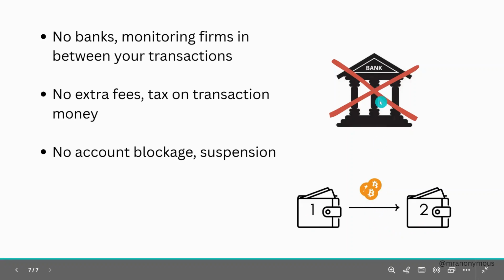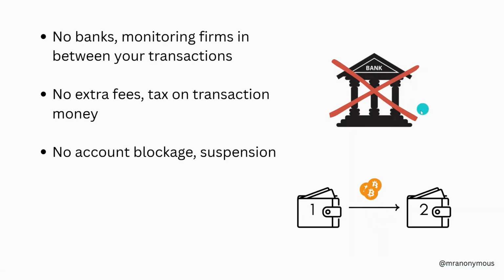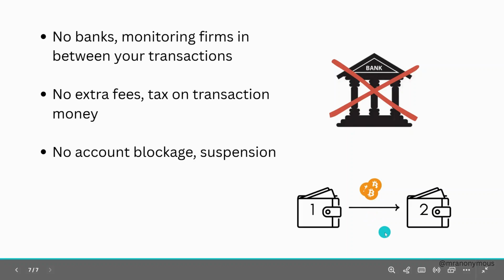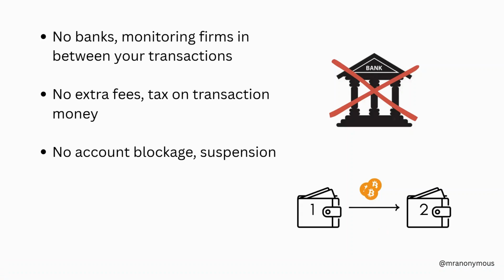No banks, no third party, no one in between. The transaction goes directly from wallet 1 to wallet 2. And indeed there is a small transaction fee in between. That is very little, 0.01001 ETH or something like that, depending on the network you choose.